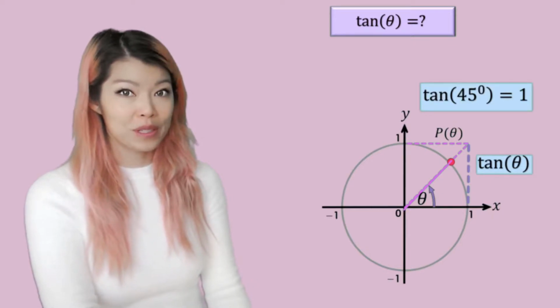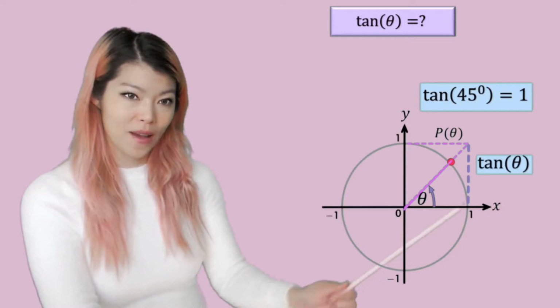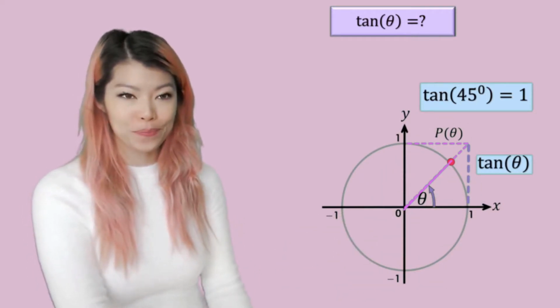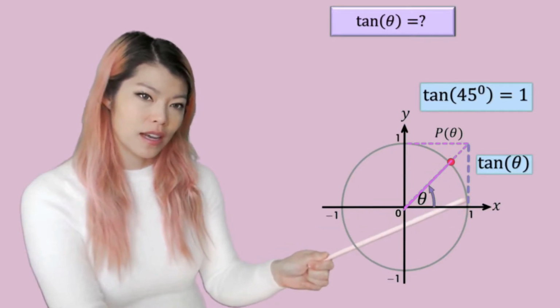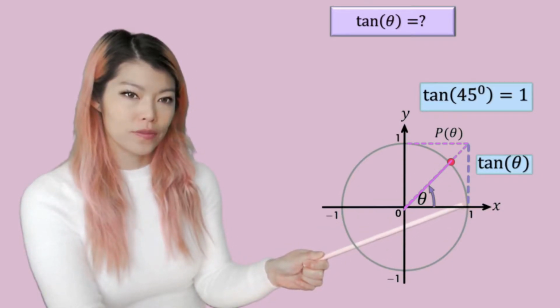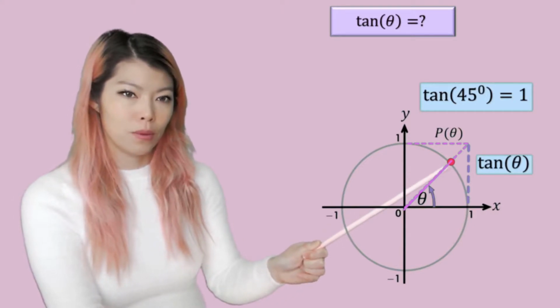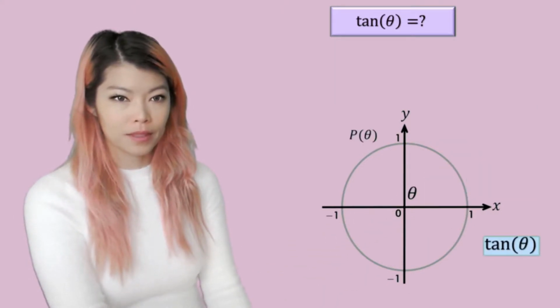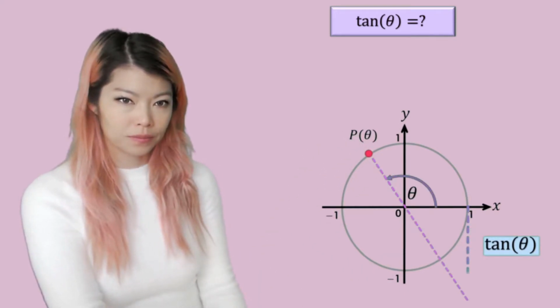And we know from previous exercises that tan 45 is equal to 1. Now we can visually see why. So tan is the purple line, or the tangent that goes through (1, 0), and it intersects the line of the point at theta.